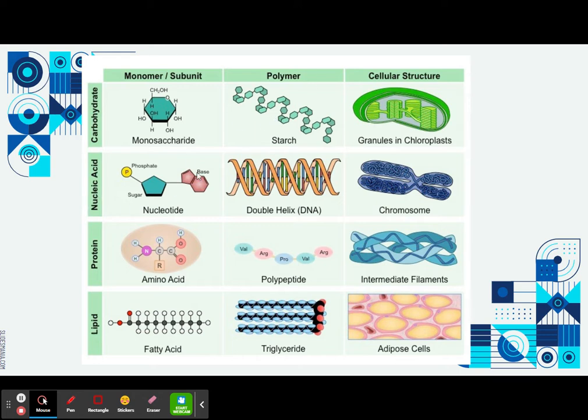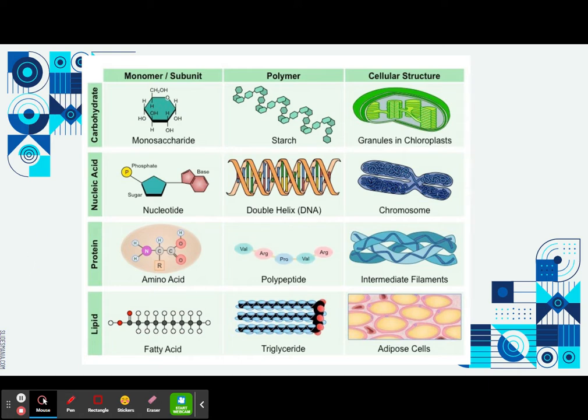Nucleic acids, a nucleotide. DNA is a polymer, chromosome structure. Protein is amino acids, polypeptide, and then muscle fibers, all of that. Fatty acids, triglycerides, and then adipose tissue. Don't commit any of this to memory; we're going to do it in just a minute.